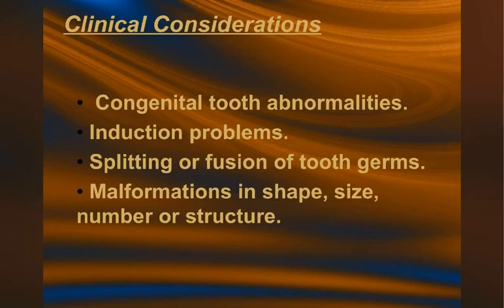Sometimes the structure is defective: the structure of the enamel, dentine, or cementum has a defect, and this defect is because of a problem that took place during the development of the tooth. Then it's called a congenital tooth abnormality. So any problem in the tooth that is related to faults during tooth development is considered a congenital tooth abnormality.